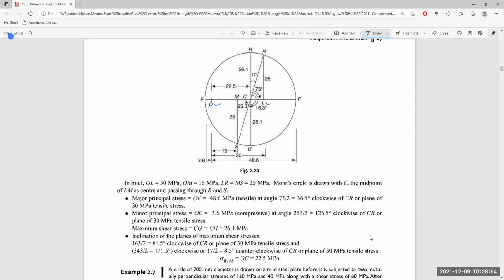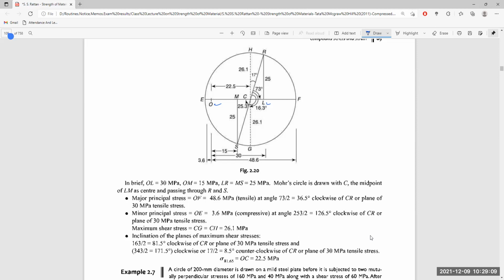Minor principal stress OE is equal to 36 MPa compressive, at an angle of 126.5 clockwise of CR, on the plane of 30 MPa tensile stress.